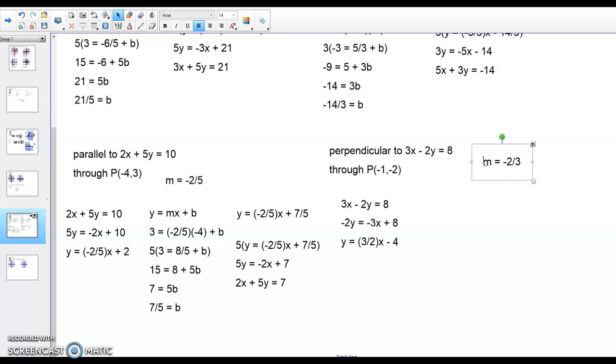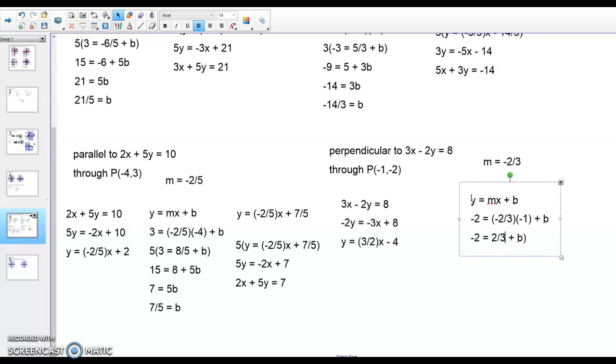So the slope I'm going to be working with now is m equals negative 2/3. Since it's a perpendicular line, we don't use the exact slope. We take the opposite reciprocal. Now we go to our y equals mx plus b, and we get negative 2 equals my slope of negative 2/3 times a negative 1 plus b. Negative 2 equals 2/3, because negative 2/3 times negative 1 is a positive 2/3 plus b.